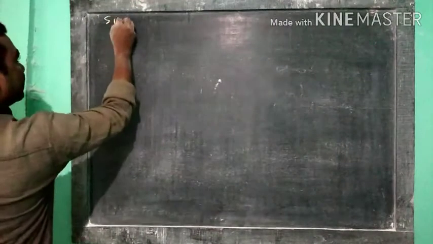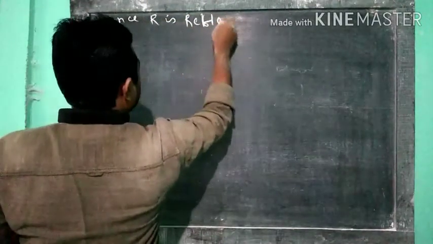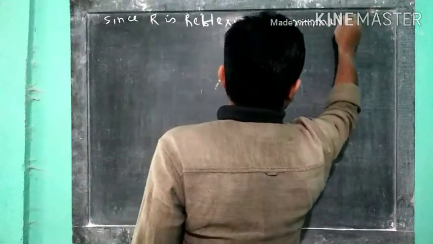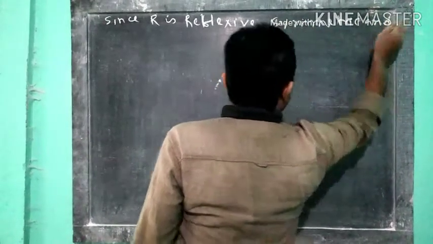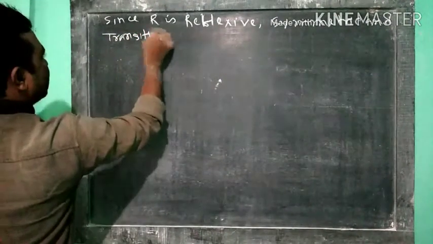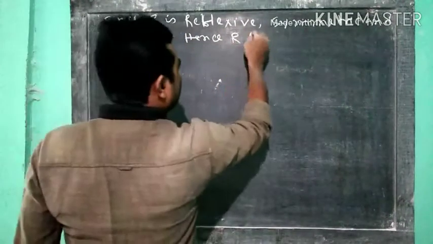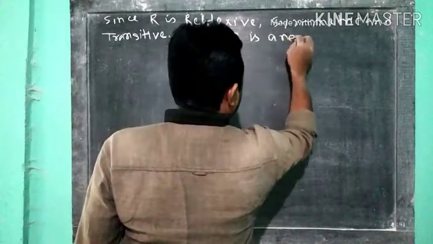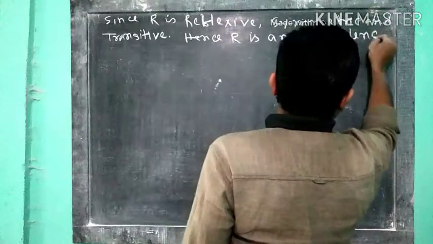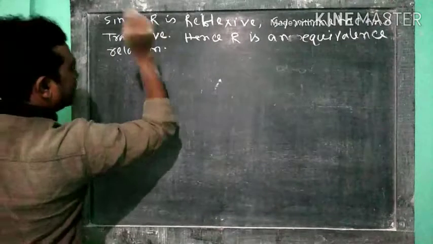Since R is reflexive, symmetric, and transitive, hence R is an equivalence relation.